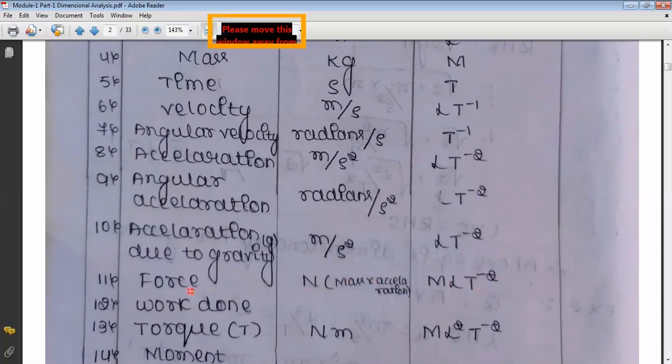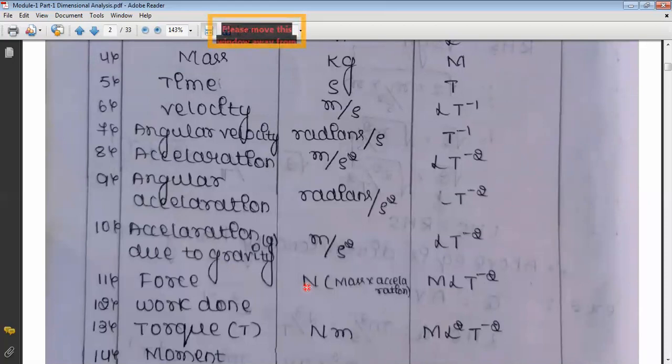So the unit Newton is called a derived unit. We call it a derived quantity. The force, you can't write the dimensions directly. You have to go with the basic formula of force, mass multiplied by acceleration. You write the dimension for mass, you write the dimension of acceleration, and that will be the dimension of your force.